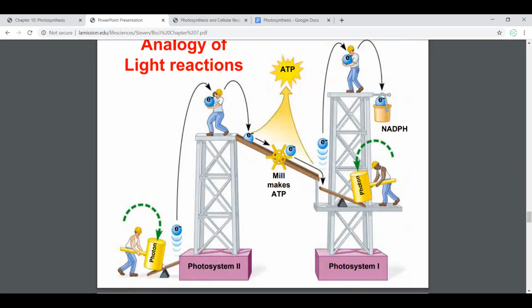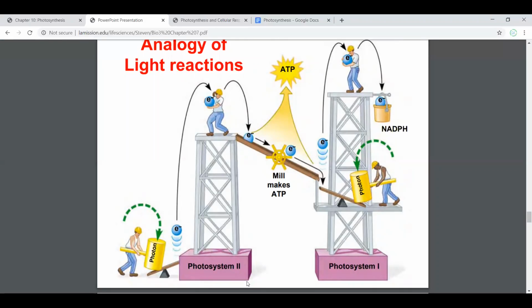Photosystem 2, after it gives up its electron to photosystem 1, suddenly loses an electron. We call this molecule, which now has a positive charge, P680 plus, or photosystem 2 plus. It's named that because it's photosystem 2, and it lost an electron, so now it has a positive charge.